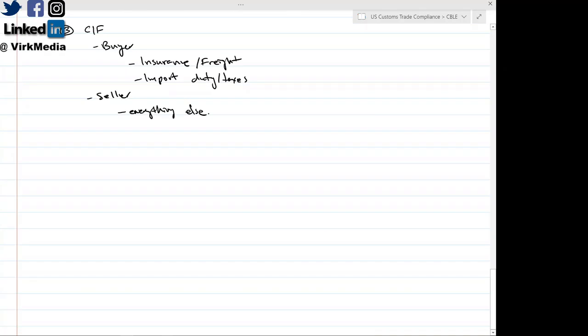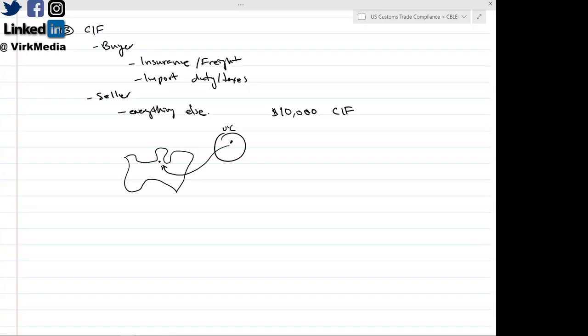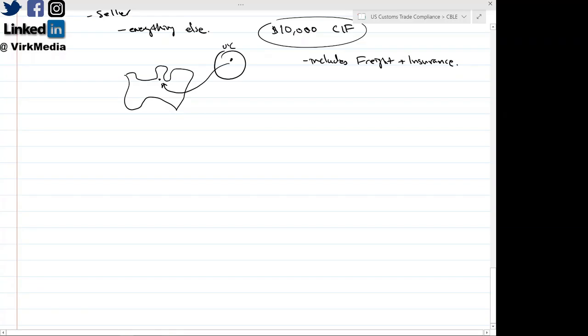So if you see there's a shipment coming from UK again to US, and the invoice states that the value of the shipment is 10,000 CIF, this means that the $10,000 includes international freight and insurance inside the value. As we go down the list, you'll see why that's very important.